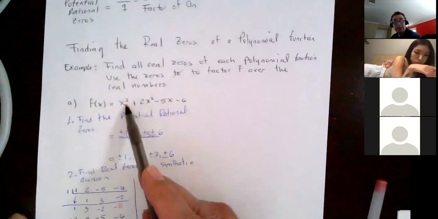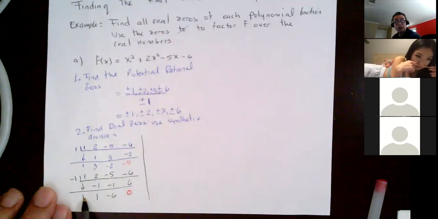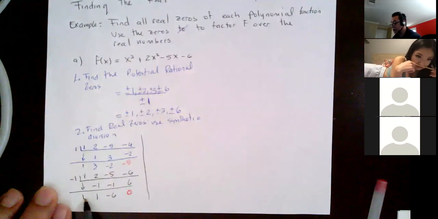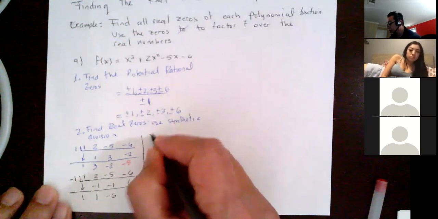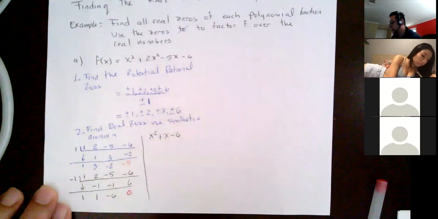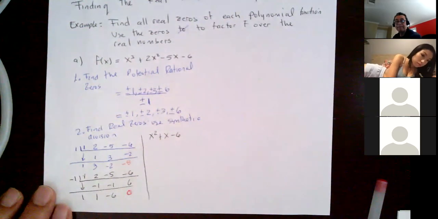If this is x cubed, this would be x squared. So this would be x squared plus x minus 6. Is that clear? Everybody?